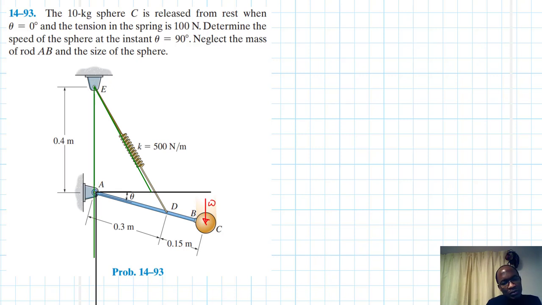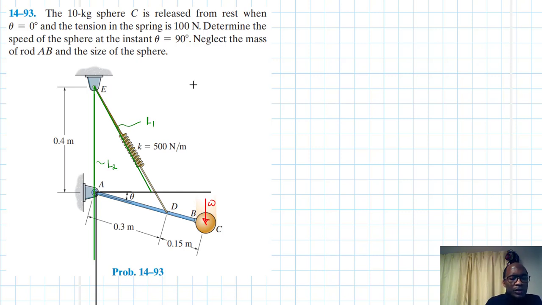Let's say the spring will be up to there. So let's call this L1, and we call this L2. So these are the two cases.